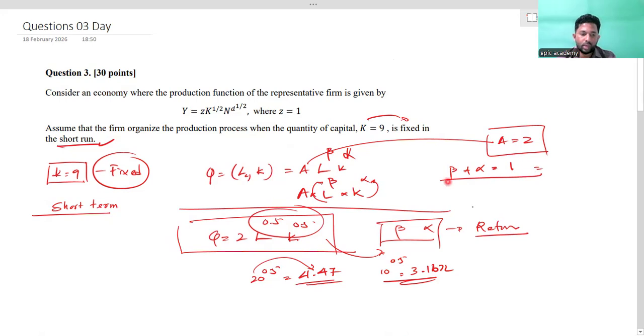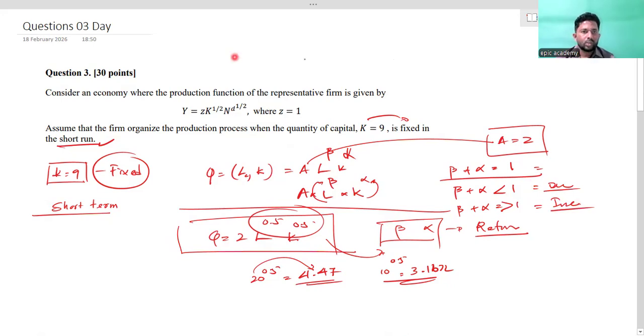Constant return. Okay. If the beta value plus the alpha value is less than 1, it becomes decreasing returns. And if the beta value and alpha value sum to greater than 1, it provides increasing returns. What is the meaning of increasing return?